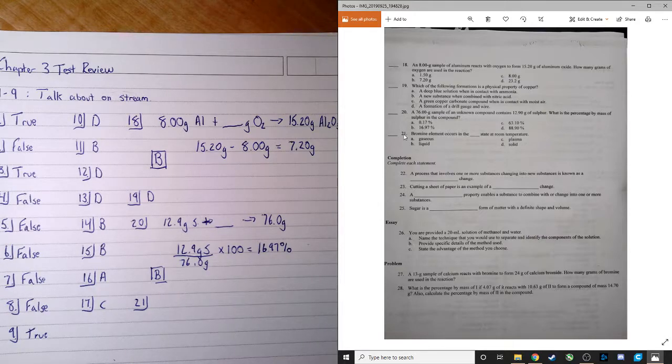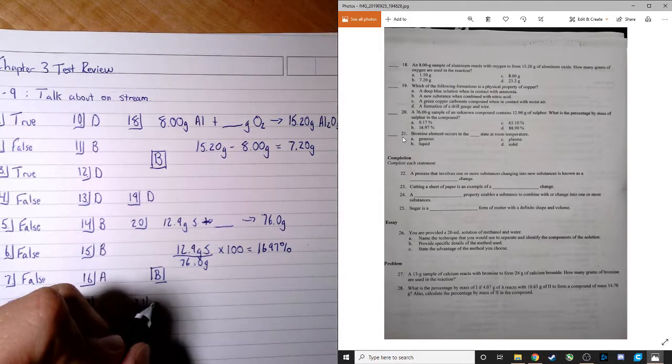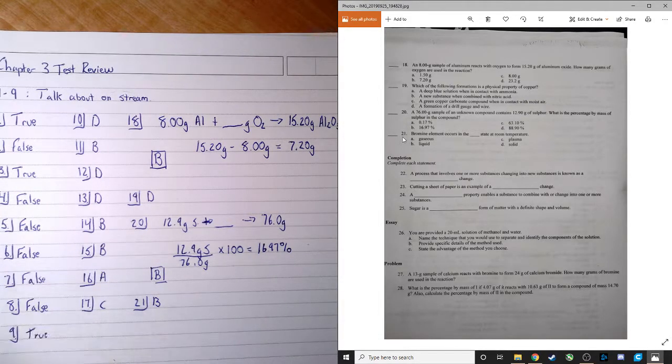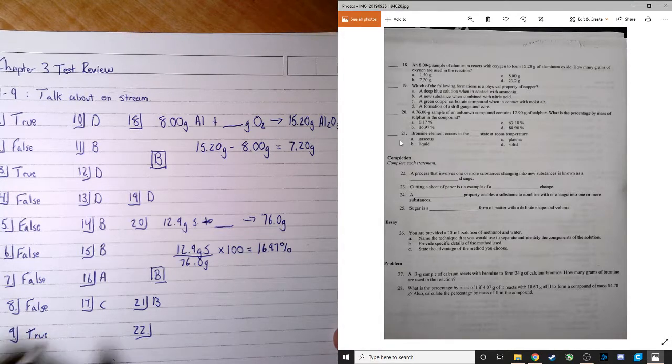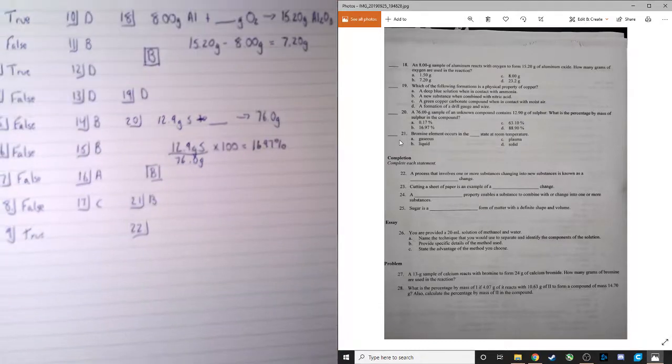It is the only non-metallic element that occurs in a liquid state at room temperature. So the answer for 21 is B. We'll move this paper up.